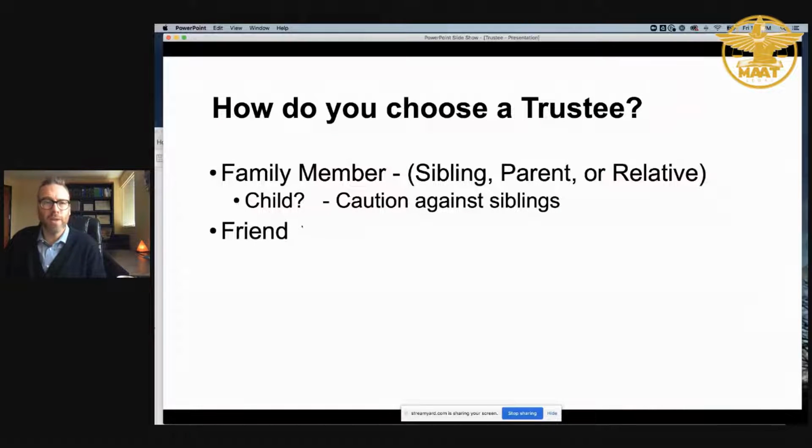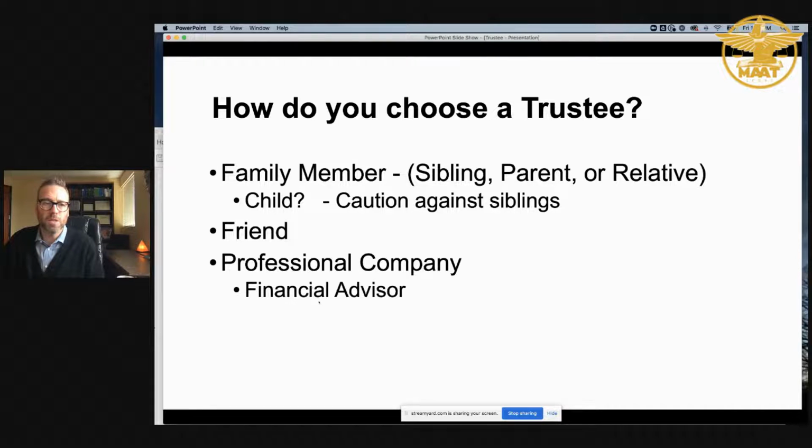You can name a friend, a trusted friend can serve in the position as trustee. Or you can name a professional company. So if you name a company, you can start looking at your financial advisor, or where you bank, or where you hold your money. You can see if they have a trust company. Check with your CPA or accounting company, see if they provide those services.